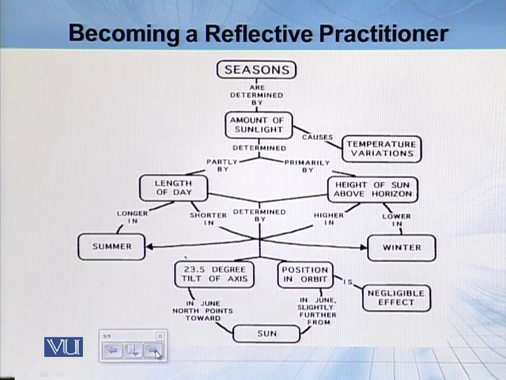And most importantly, the reflective practitioner, in terms of generating knowledge, will be looking to understand the nature of those linkages. Or in other words, what is the link and how do we define that link? How do we explain that link in terms of the two concepts, in terms of three or more concepts?